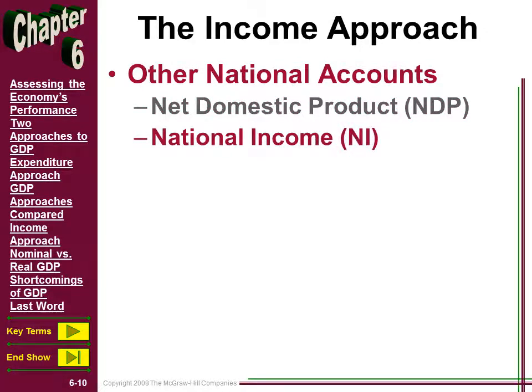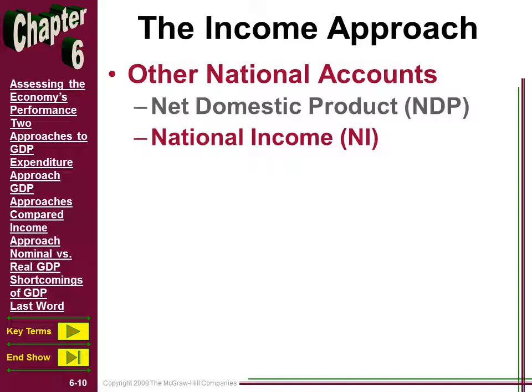Now, the book goes into a very detailed explanation and convoluted calculation of national income. I think it's easier to explain to students: national income is simply income generated from American-owned resources, whether that generation of income takes place here or in other countries.